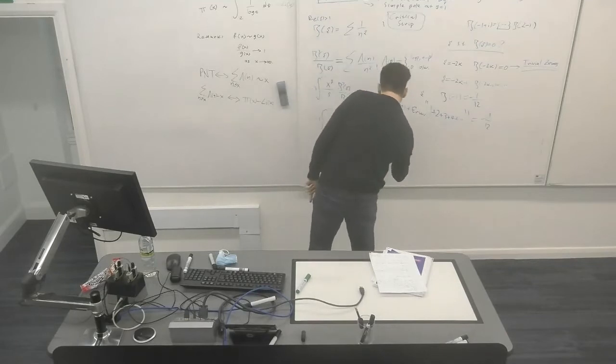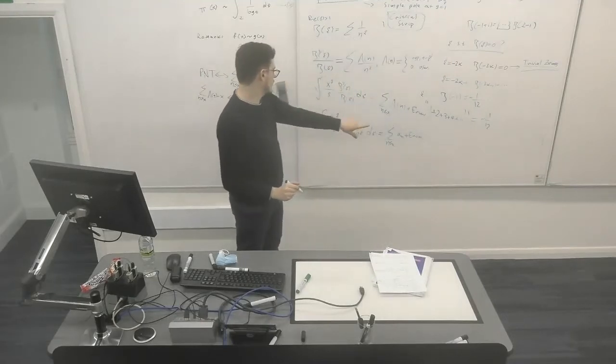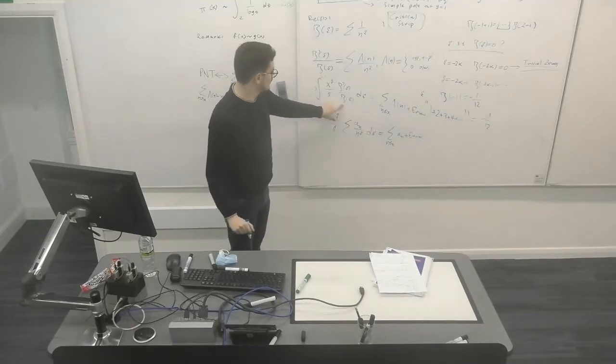So if you have some reasonable assumptions about the a_n, you get that from that. So this is what you'll find here.